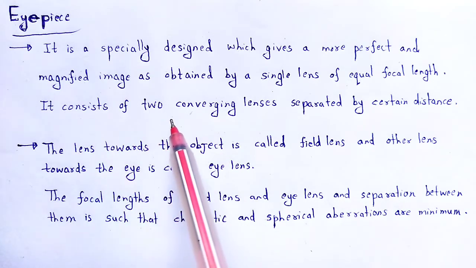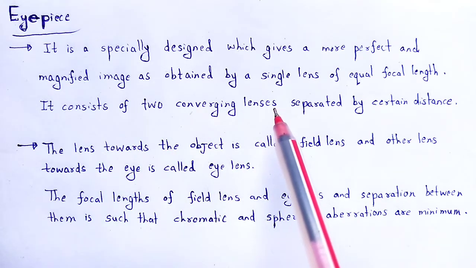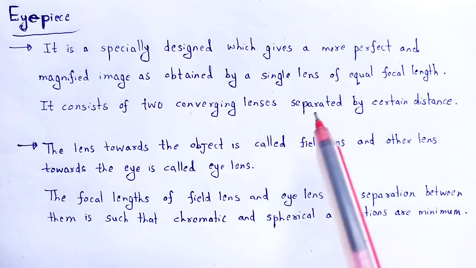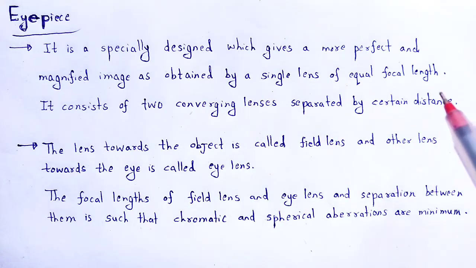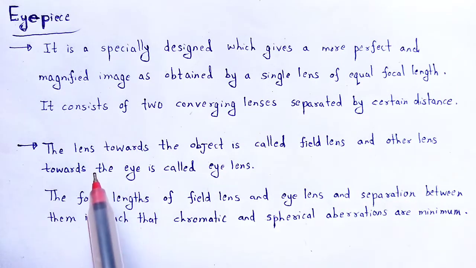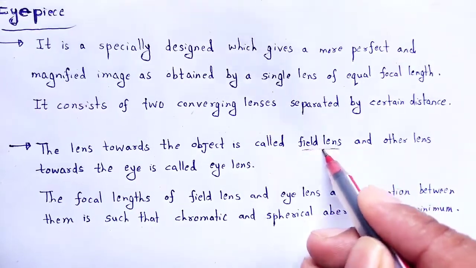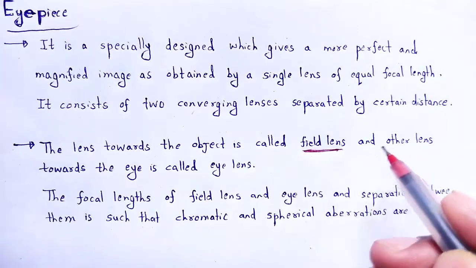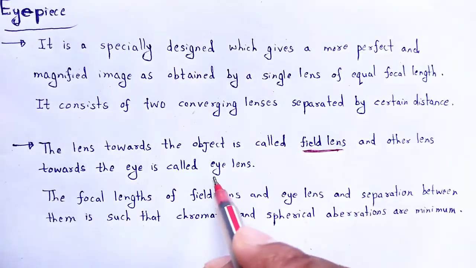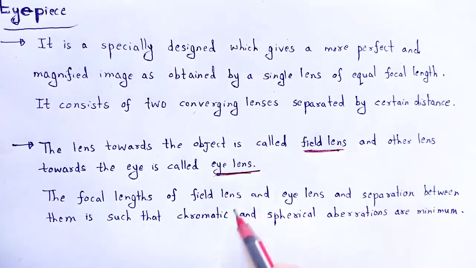It consists of two converging lenses separated by a certain distance. The lens towards the object is called the field lens, and the other lens towards the eye is called the eye lens.